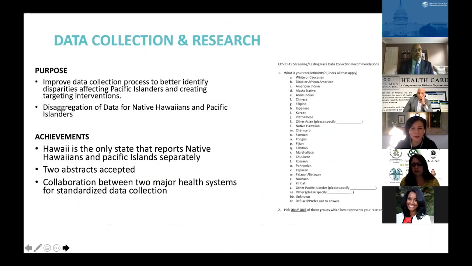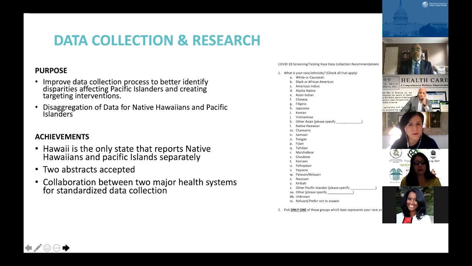So one of the things that our group does, and also with our national COVID-19 response team, is we collect data. And so really the purpose is to improve the data collection, not only in terms of COVID, but in all of our areas when we look at NHPIs. Here in Hawaii, we actually are quite unique, where the Department of Health, with suggestion and input from the team and other Native Hawaiian organizations, was able to start disaggregating the data out for Native Hawaiians and then Pacific Islanders.